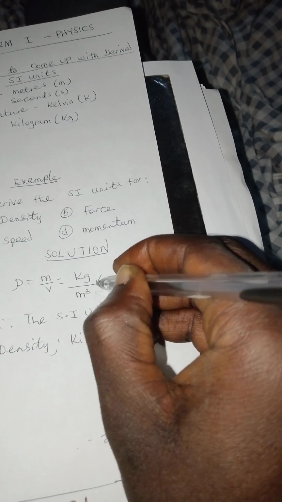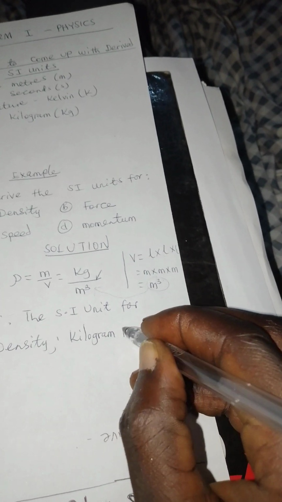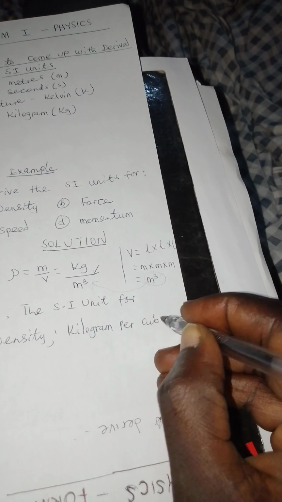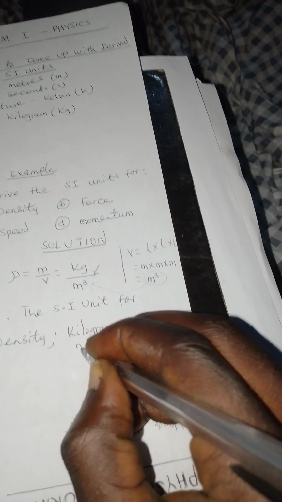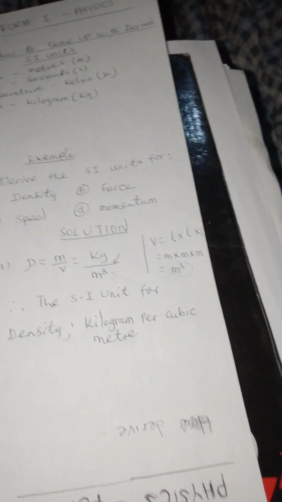Remember, every time you see this dividing bar line, it means per. Then this one will be cubic meter. So these are the units for density. So now let's move on. We look at the next one.